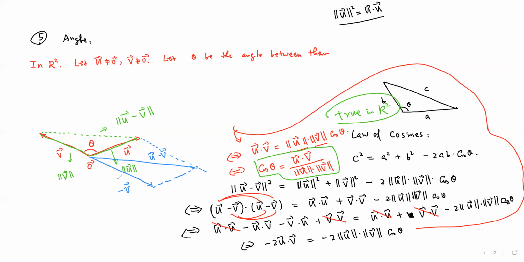In R2, for any two vectors U and V, the cosine of the angle is equal to the inner product of the vectors divided by the length of vector U times the length of vector V. Remember this formula. This is in R2. So in the next class, I use this formula to define the angle between two vectors in Rn. Let me stop here.